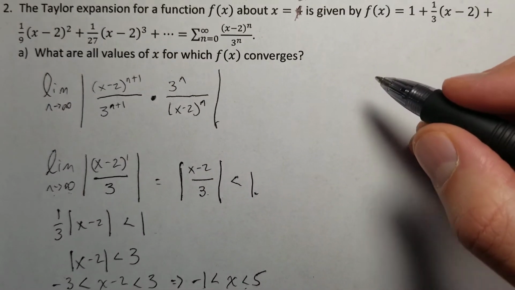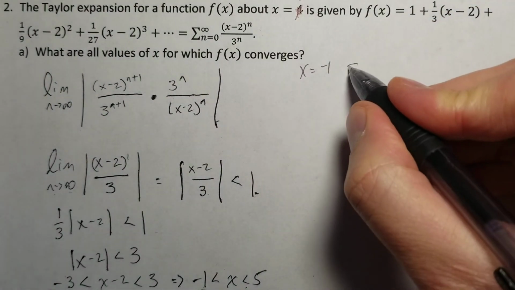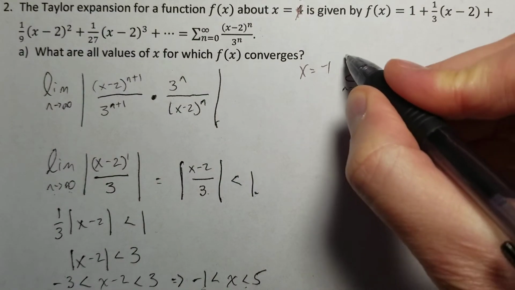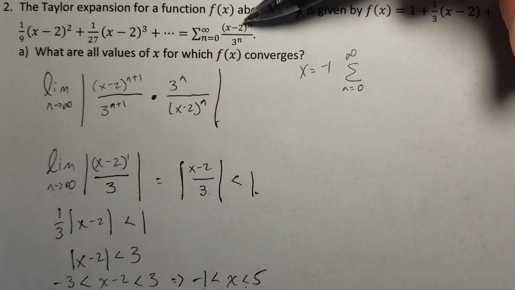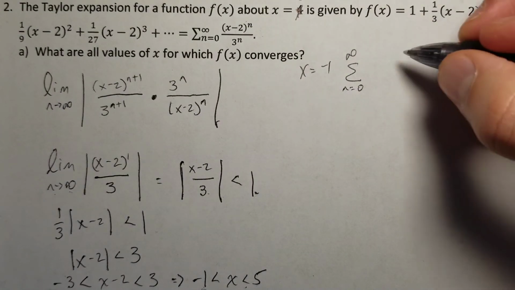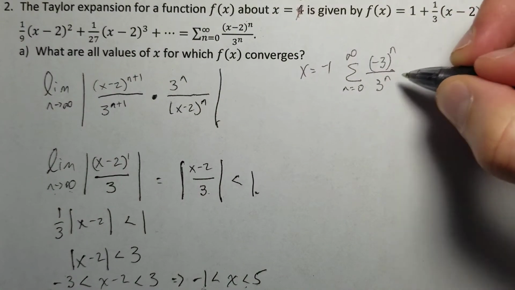So let's go ahead and start with x equals negative 1. That means I'm going to rewrite my summation from 0 to infinity. If I let x be negative 1, negative 1 minus 2 becomes negative 3 to the nth power over 3 to the nth power.